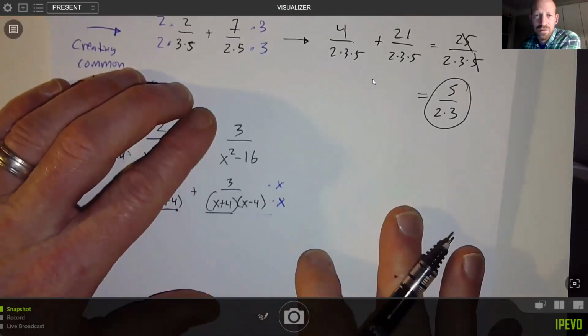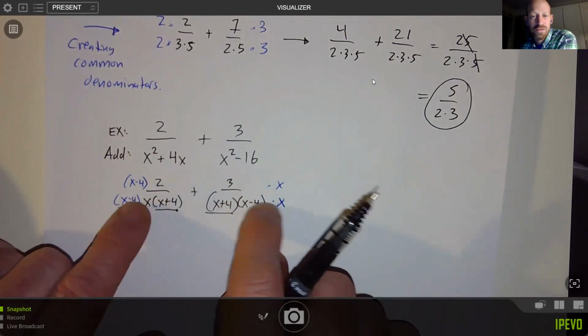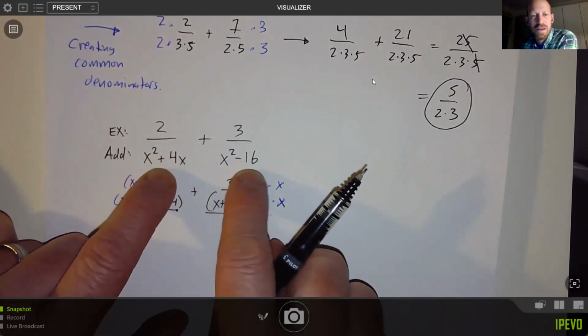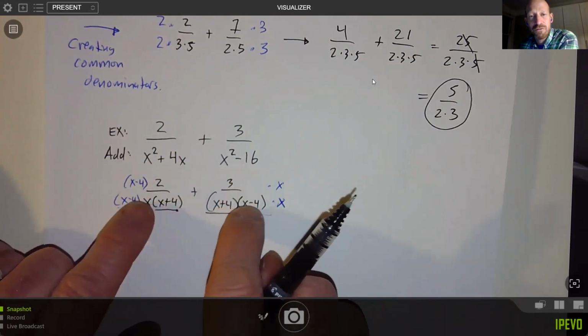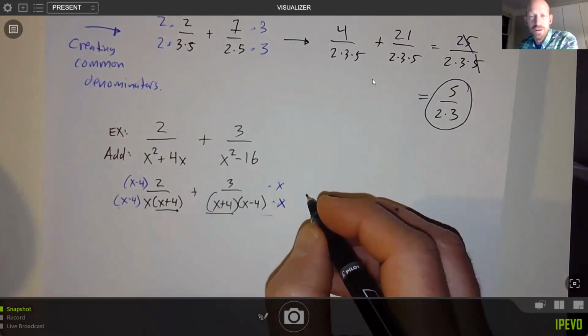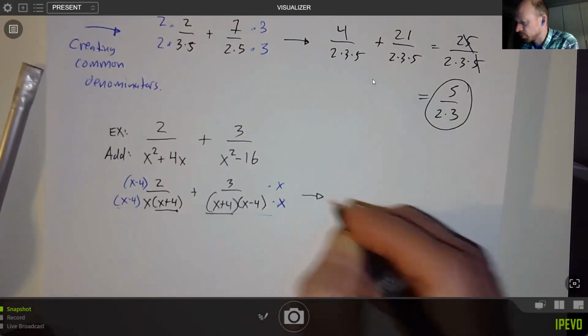And that works even better when we have polynomials, because it's hard to see it. I can't see what polynomial is the same there. I have to look at the individual factors and make sure they match up. So let me finish this one and I'll do another similar example, and hopefully that'll help clarify.